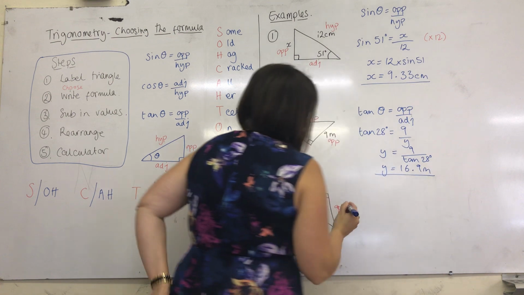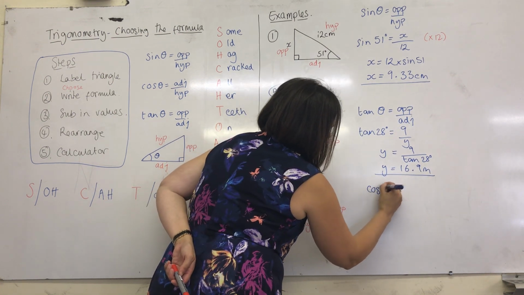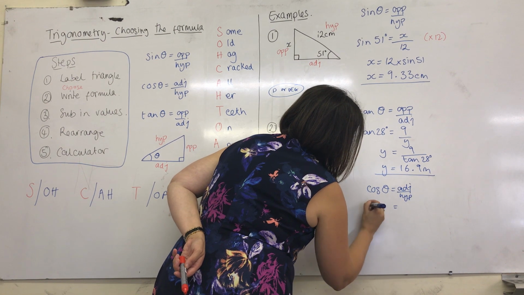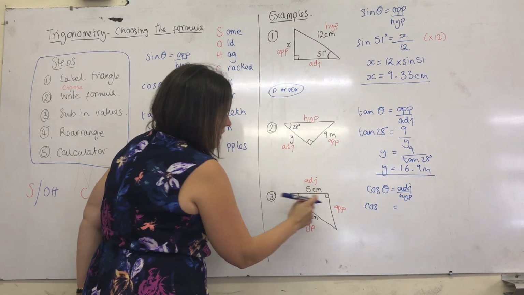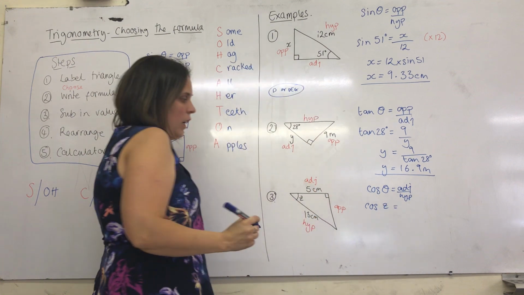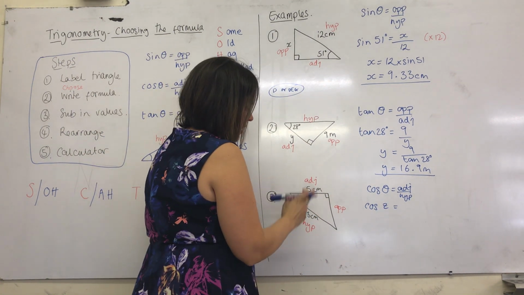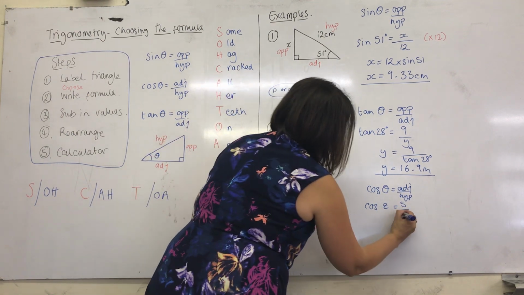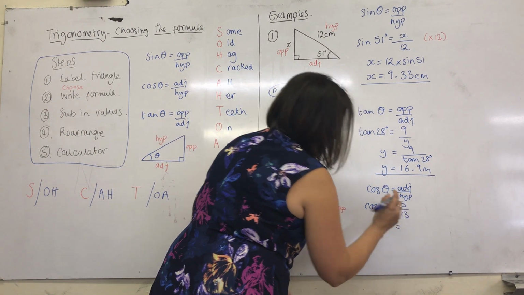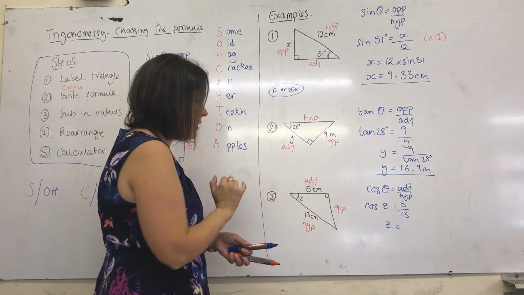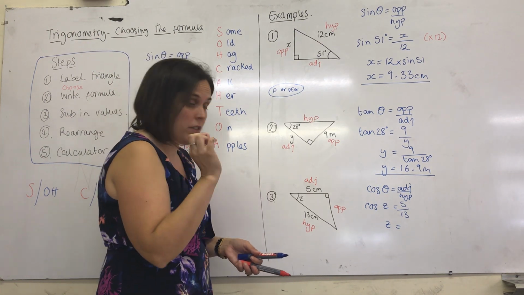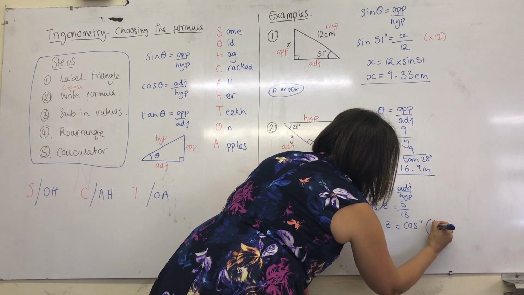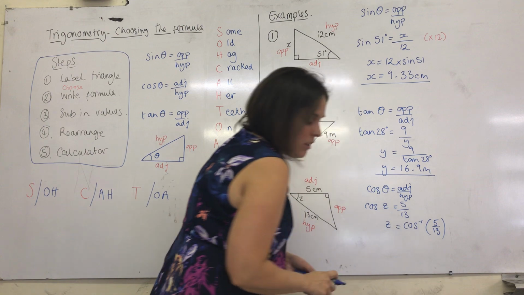So we write out our formula. Cos theta is adjacent over hypotenuse. Cos z, in this case, is adjacent 5 over hypotenuse 13. And so z equals, now if you remember, this time we're finding an angle, so we have to use the cos inverse button on your calculator.